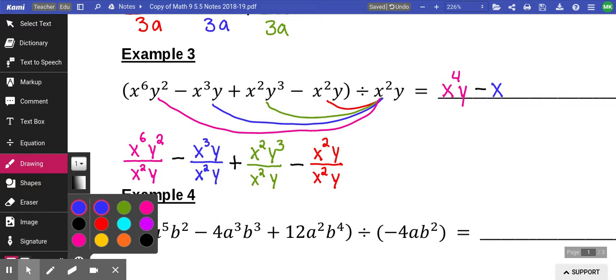It's gone. Plus the green term. X's with x's, y's with y's. X squared divided by x squared, 2 minus 2 is 0. We don't write x to the power of 0, so the x's are gone. Y to the 3 divided by y to the 1 would become y to the 2.